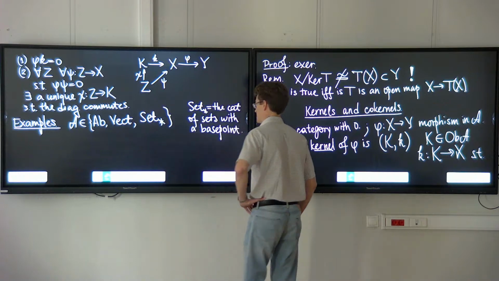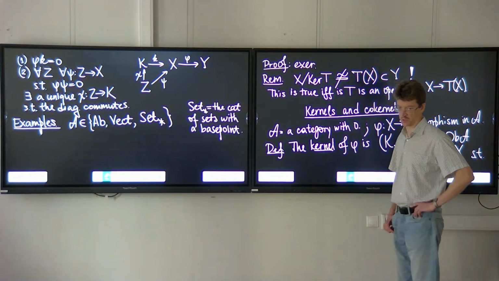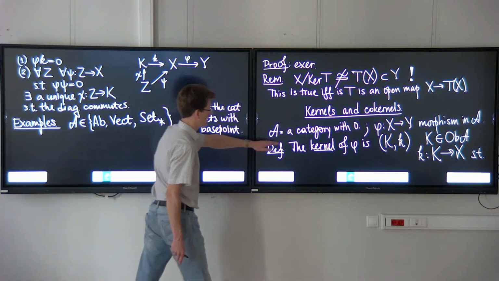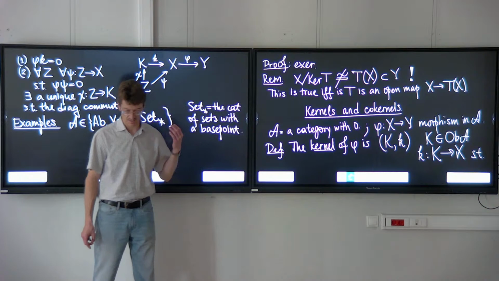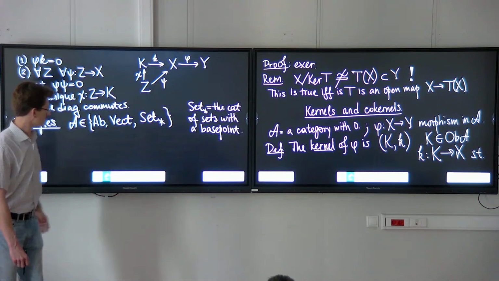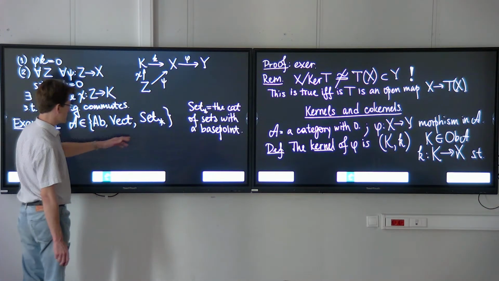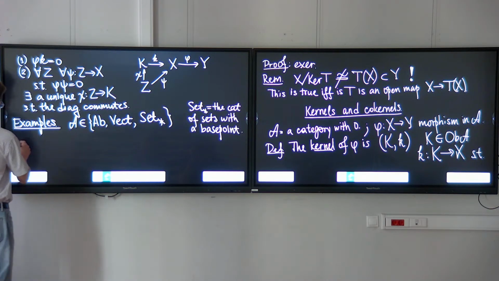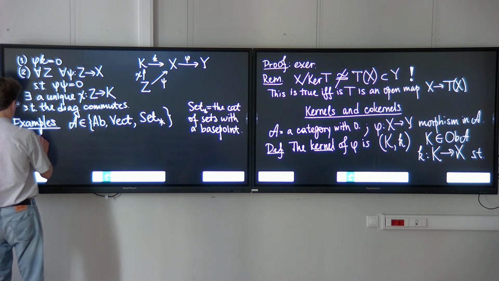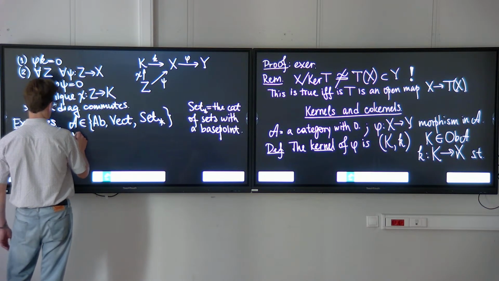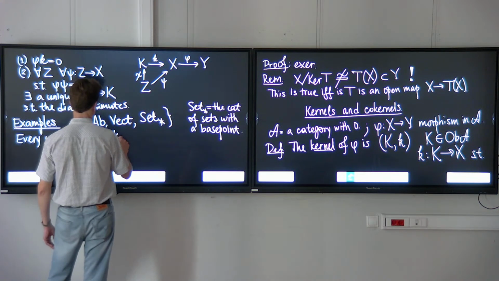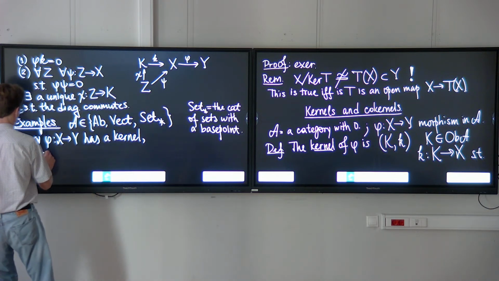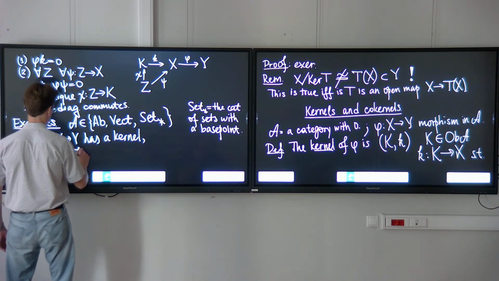And the morphisms are maps between such sets, which preserve the base points. It is a category with a 0 object. The 0 object is the set consisting of a single point. So if A is any of these categories, then every morphism phi has a kernel. And more exactly, the kernel of phi is just the preimage of 0.